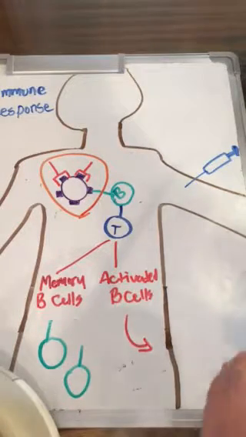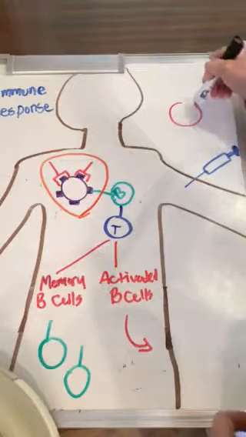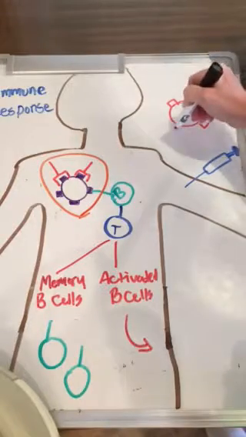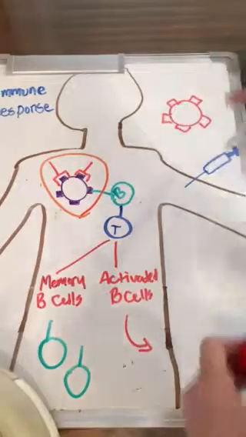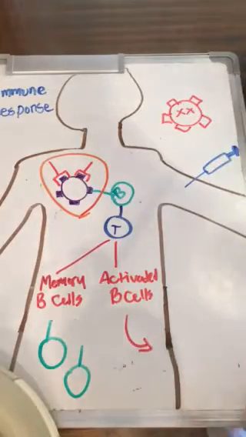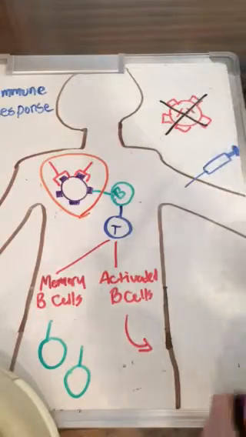Okay, so some vaccines that you receive are actually the pathogen with all of its antigens and everything, but the pathogen is dead. How could I show that is dead? We'll just cross it out. It is dead.